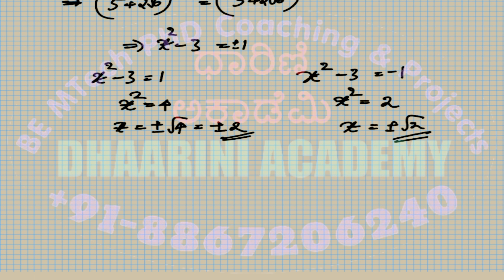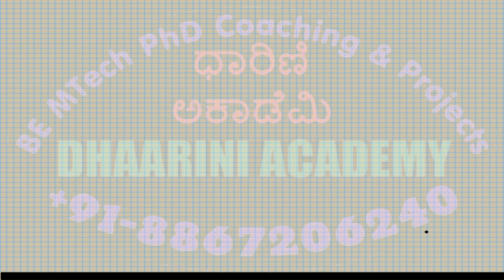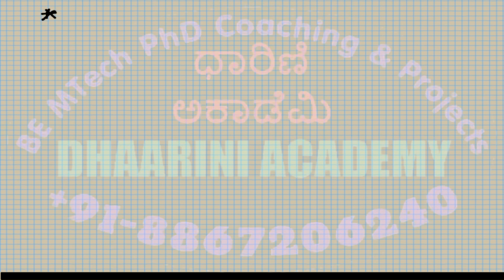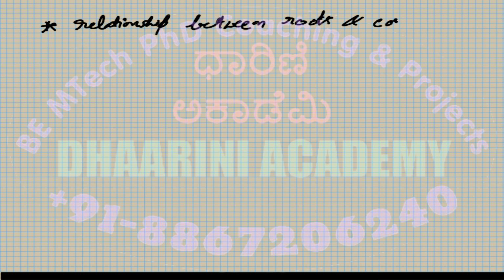All right, next we go to the relationship between the roots and the coefficients. In a quadratic equation, we are trying to write the relationship between the roots of the equation and the coefficients.